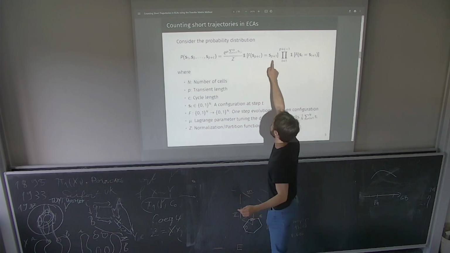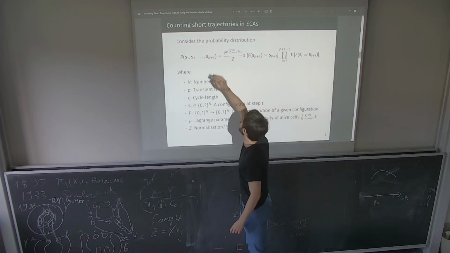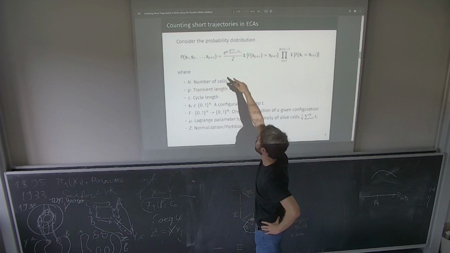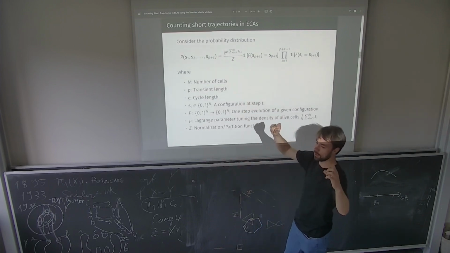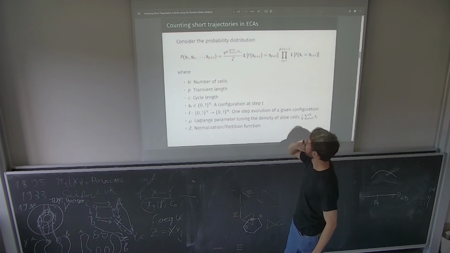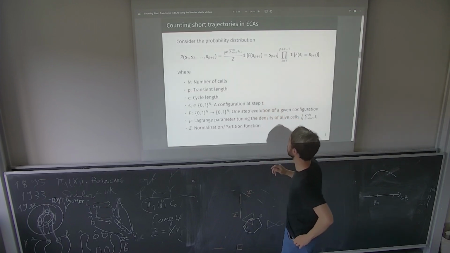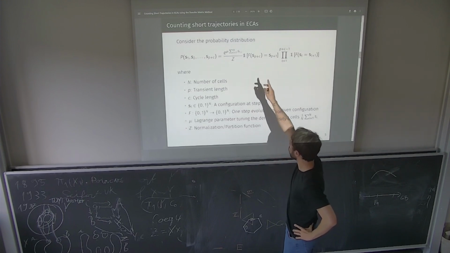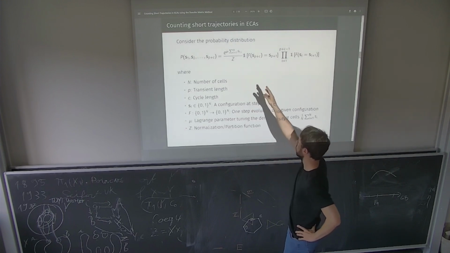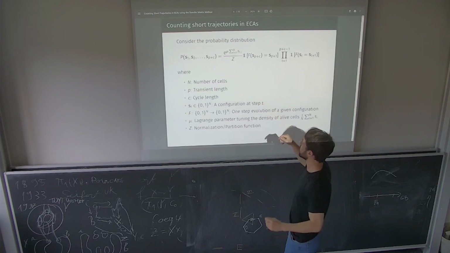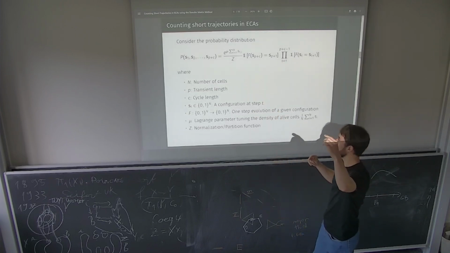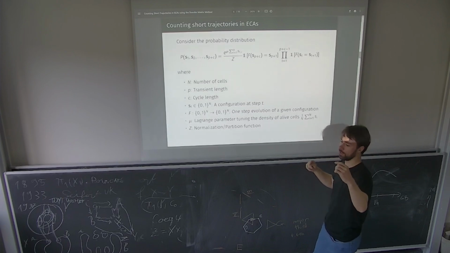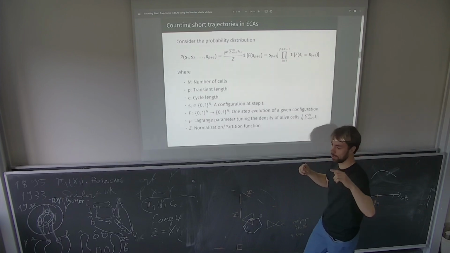So this is this thing here. And then I can add Lagrange parameters here if I want to tune. So here I put one on the density of the initial state. Okay. Now our goal is to compute the partition function. If you have no Lagrange parameter, mu is 0, then Z will simply count the number of initial conditions that have a transient length p and a cycle of length c.